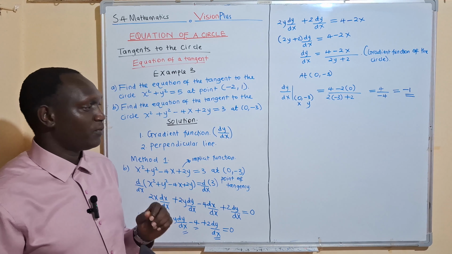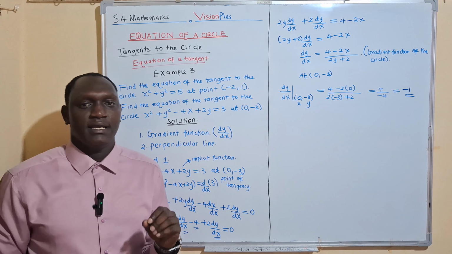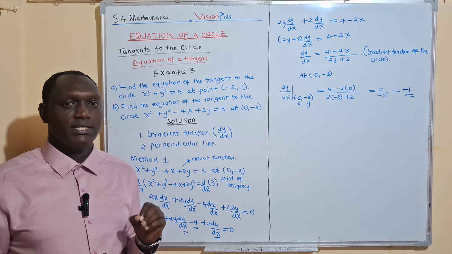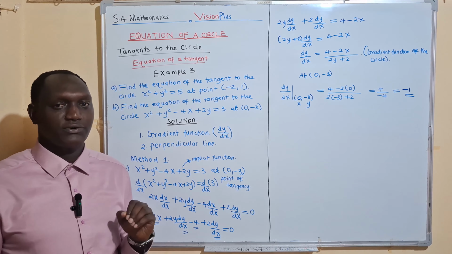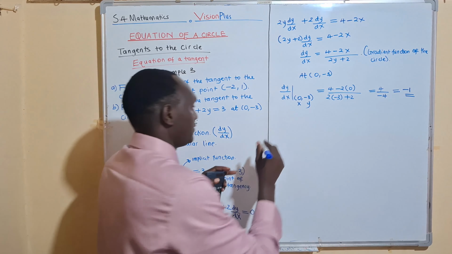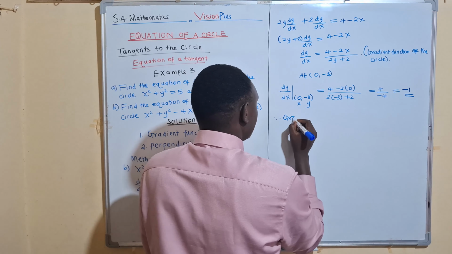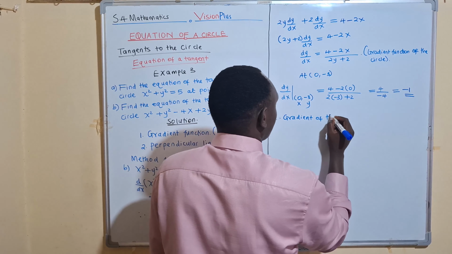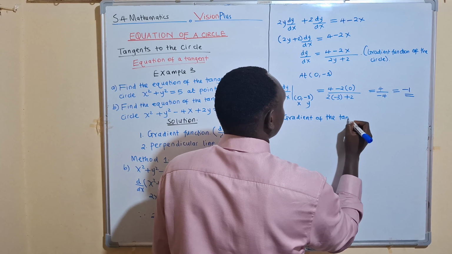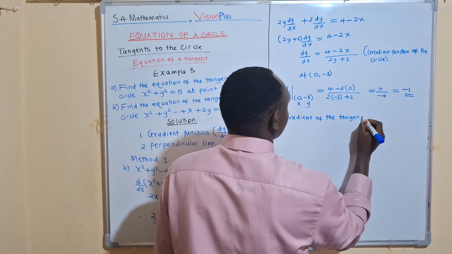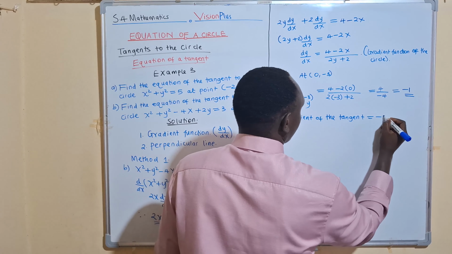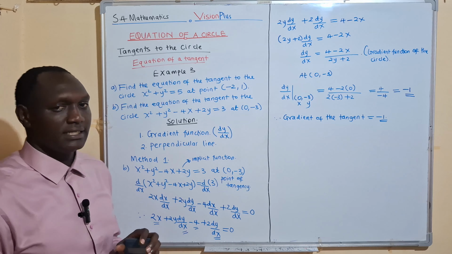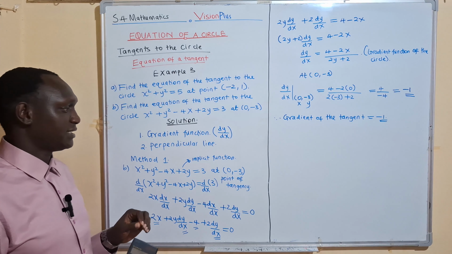What do we know at the point of tangency? At the point of tangency, the gradient of the circle is the same as the gradient of the tangent. Therefore, the gradient of the tangent is also negative 1. After getting the gradient of the tangent, now we need to find the equation of the tangent.